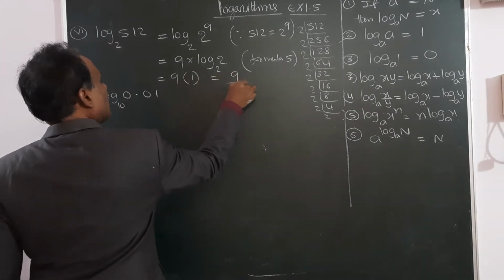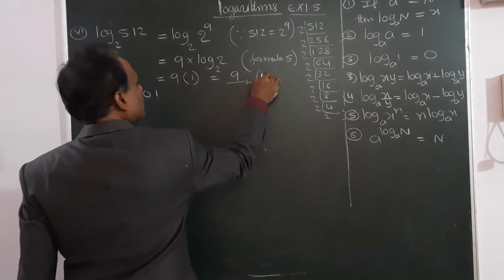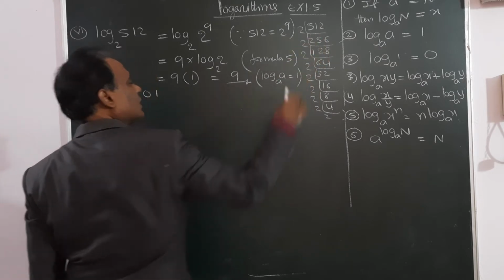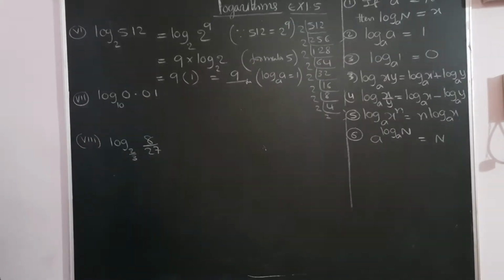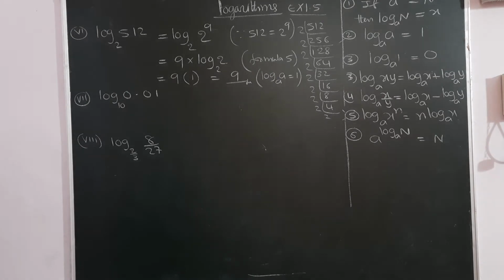So 9 into 1 is 9, the answer. Log 2 base 2 is 1, you can mention the formula: log a base a is 1. According to the second formula, you write that formula. Whichever formulas are used, you mention them there.